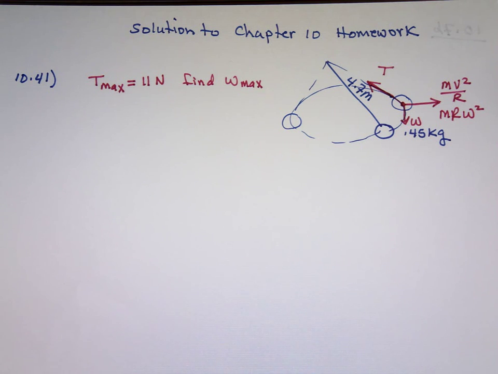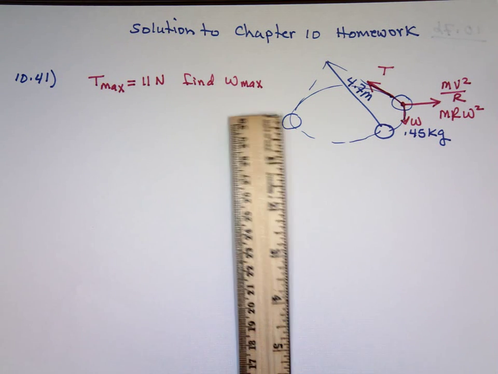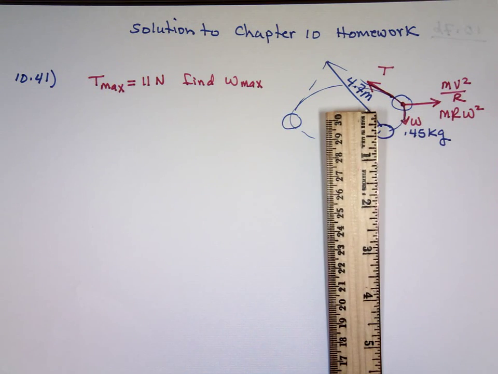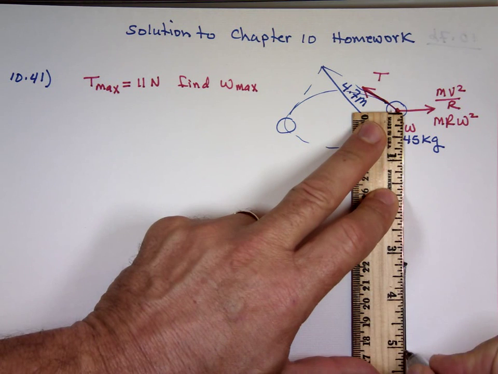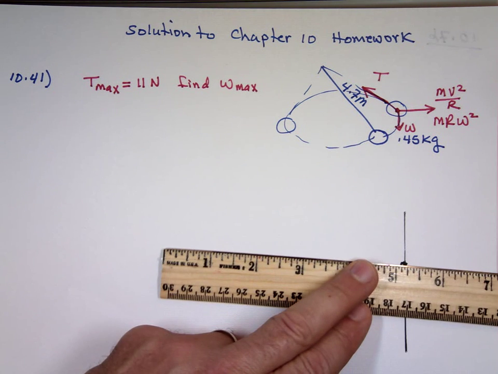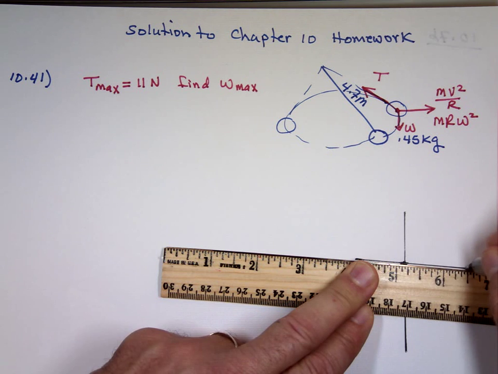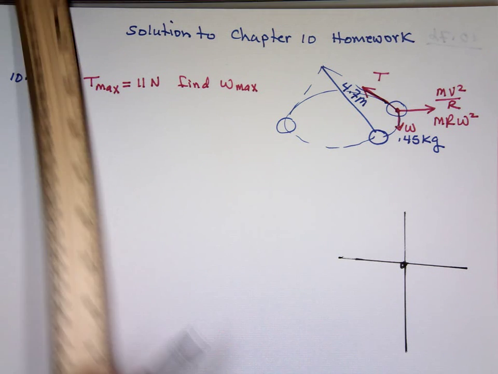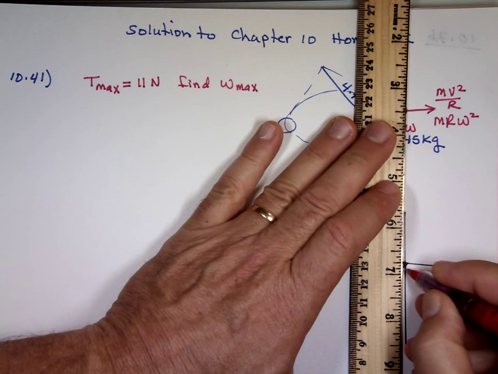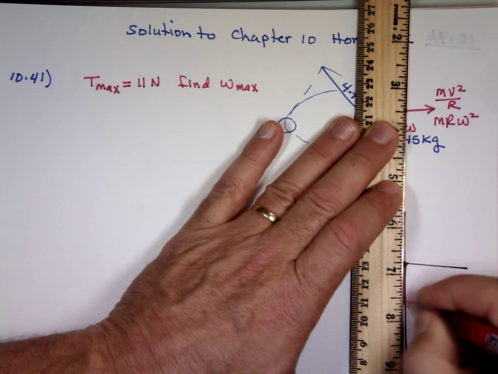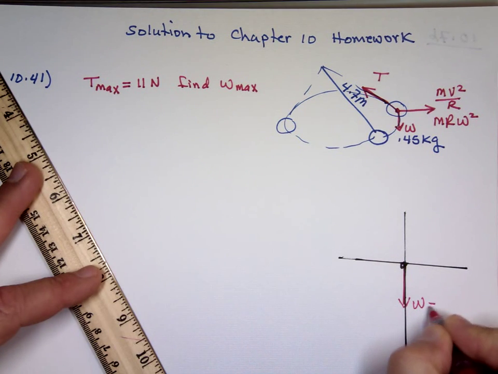So when you look at the free body diagram, this is what it looks like. This is that ball there. We're looking at that picture there. If I do the x and the y axes, we have the weight down, weight, which is mass times gravity.